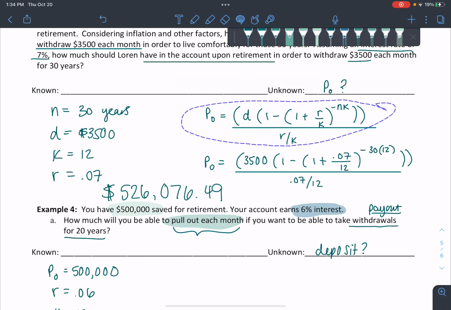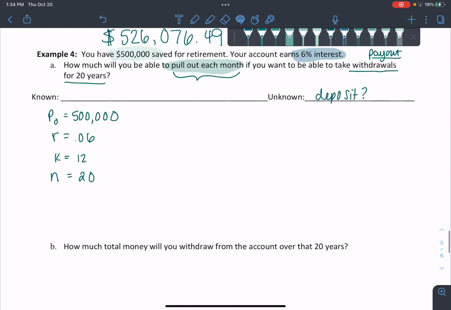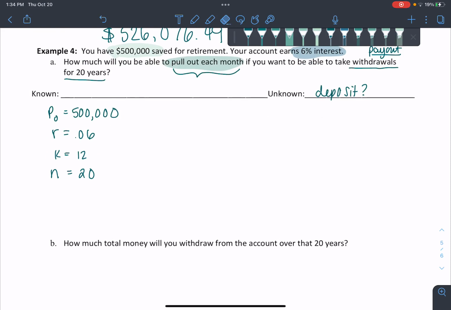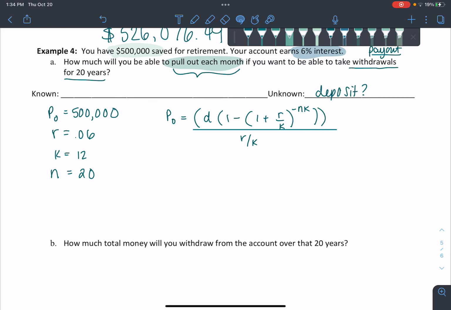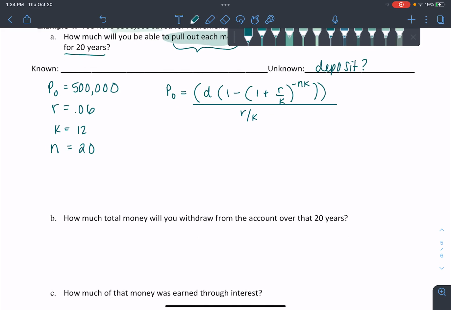You've got P sub 0, P sub 0 equals parentheses D, you get the point. So there's the formula. So let's plug in the things that we know. We know the initial. I'm writing out my stuff here.